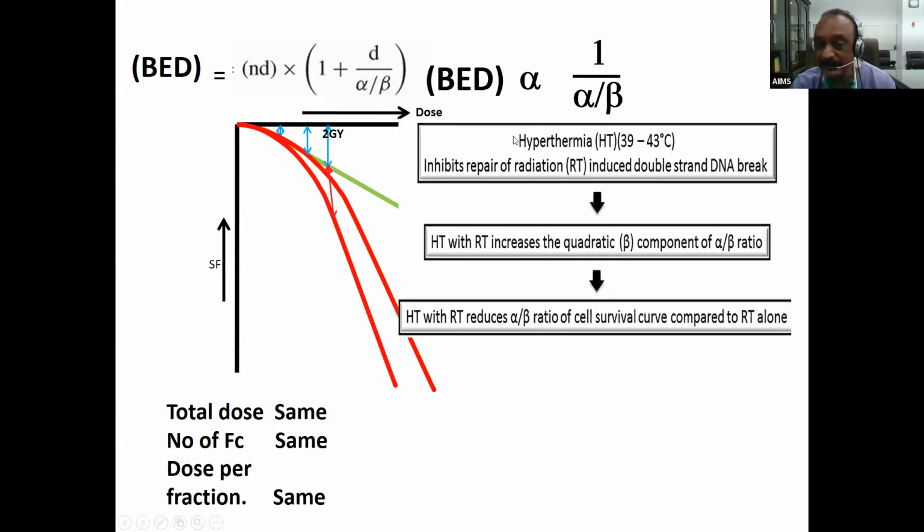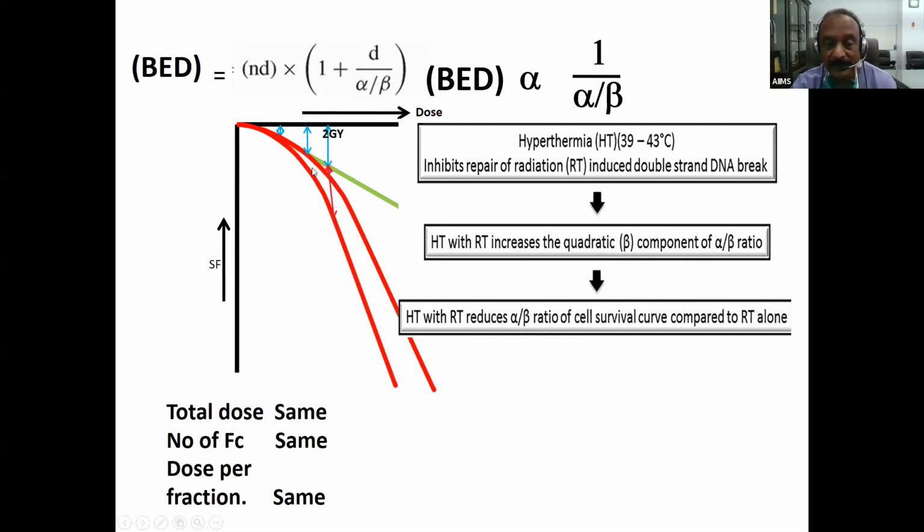So what hyperthermia does, apart from other mechanisms of action, is that one mechanism of action along with radiation is that it inhibits repair of the radiation induced damage, right? Which means that it increases the quadratic component or beta component of alpha beta ratio. Or we can say that it reduces the alpha beta ratio of cell survival curve compared to RT alone.